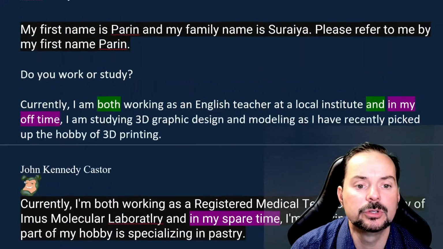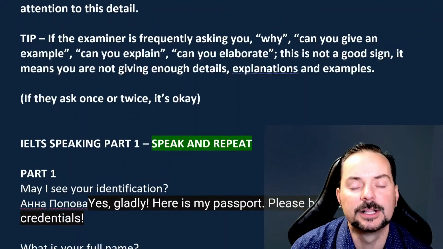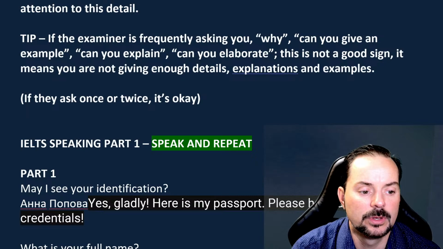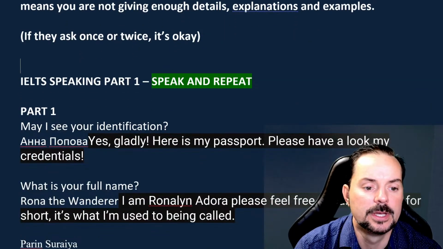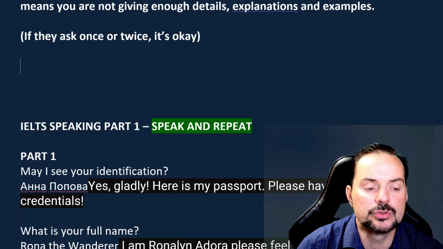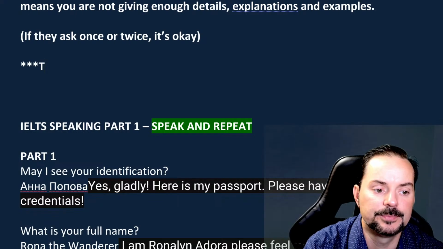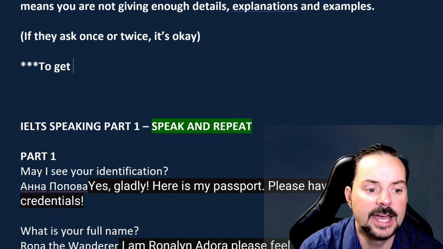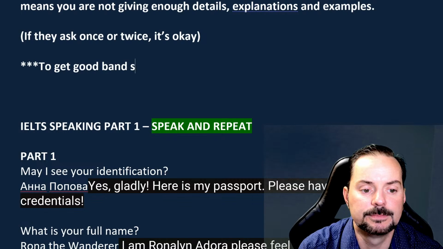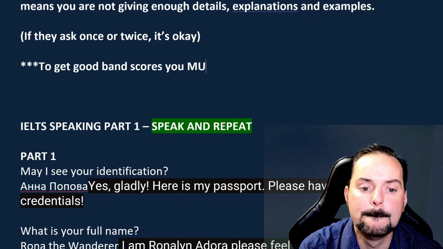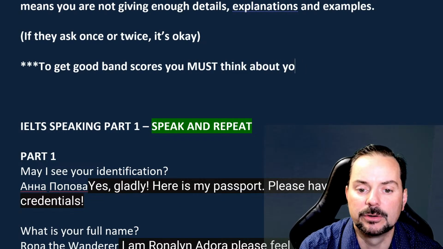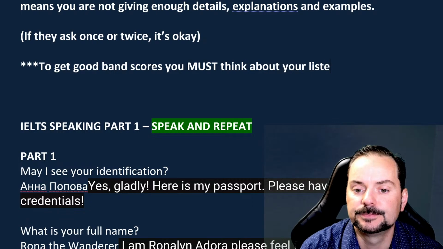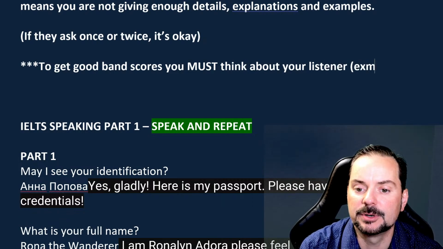All right, so what you have to do to get a Band 9 in the IELTS is you have to think about your listener. Okay, so very, very important tip. Extremely important tip. To get good band scores, you must think about your listener. In this case, it's the examiner.